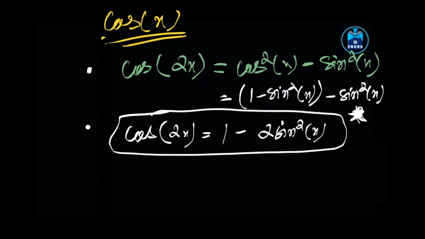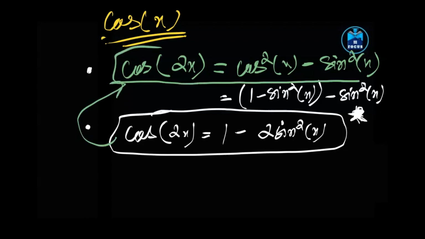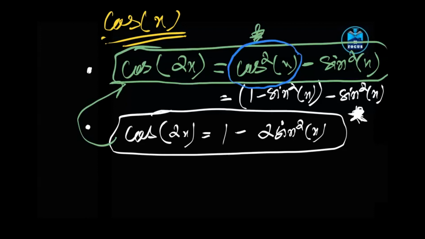You don't ever need to worry about it, because all you're going to do is remember this one, which is actually very easy. You can always remember that the formula of cos 2x is simply cos square x minus sine square x, with a minus sign between them. How hard is it? Obviously, it's very simple.